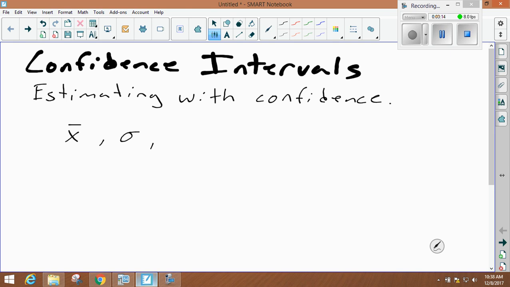And then I need to know n, which is my sample size, right? We already talked about that. But I'm going to go ahead and write this out. So this is our mean. This is our standard deviation. Right here is our sample size.